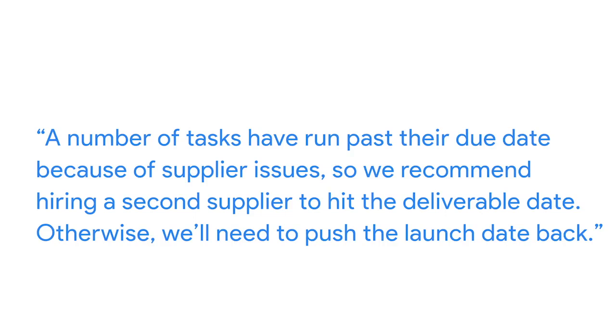Otherwise, we'll need to push the launch date back. This way, you present the problem succinctly to your stakeholders and offer a solution. This allows stakeholders to agree with your solution, disagree with your solution, or provide one of their own. Either way, you've communicated the problem and proposed a solution, which is your role as the project manager.